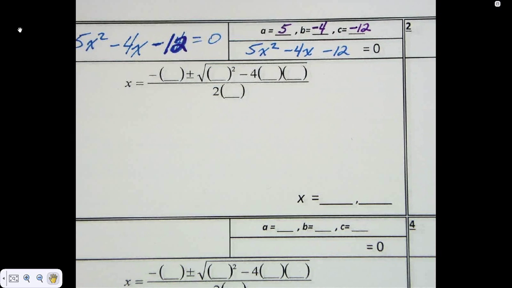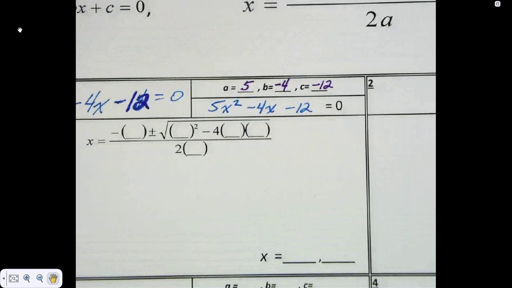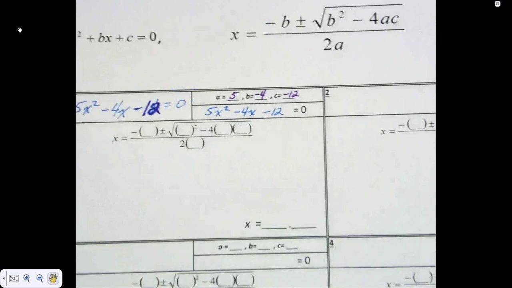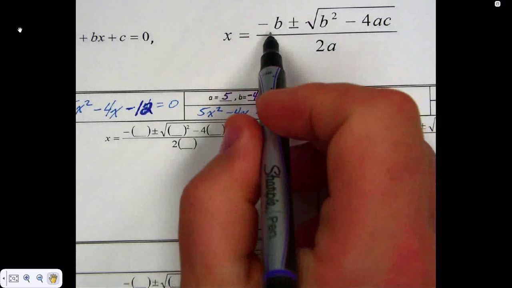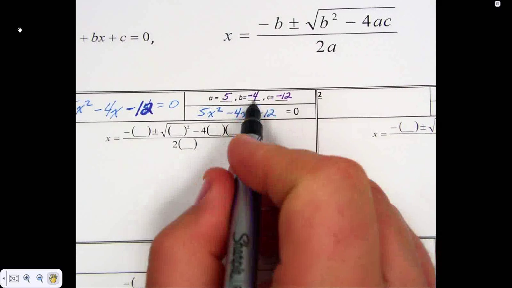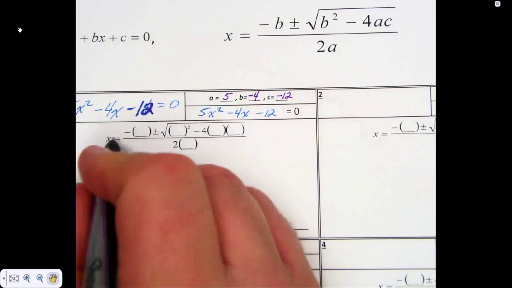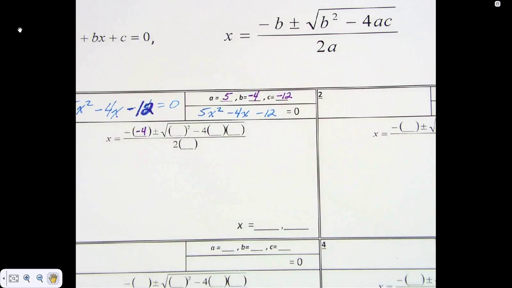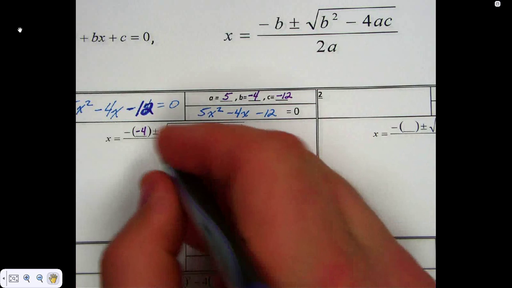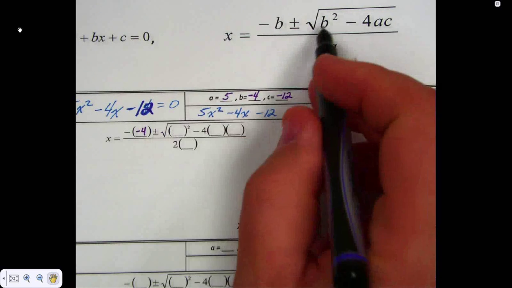Okay. All I do now is use the quadratic formula, and I want you to write it in right here. What goes first? What is B? So it's a minus B, so I write B is -4, so I write -4 in there. Everybody agree? Plus or minus, square root of what goes here?